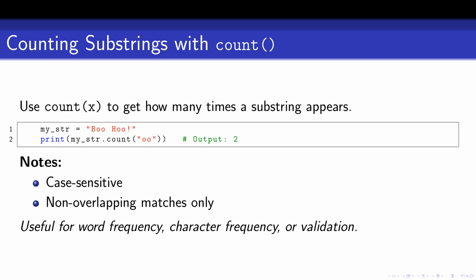This is useful in many contexts, like determining word or character frequency, validating input length, or scanning logs or data for patterns. Because it's case-sensitive, 'abc'.count('A') would return 0. So if you need case-insensitive matching, you'll need to normalize the string with .lower() or .upper() first. As with other string methods, count doesn't modify the original string, but returns a new result for you to use as needed.